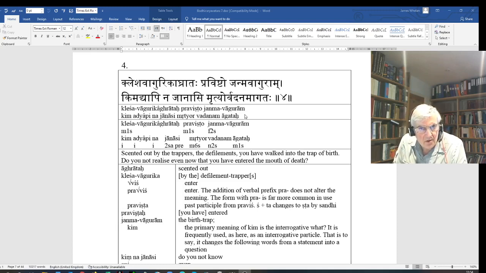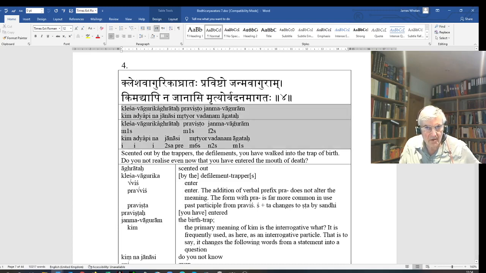The next box, you'll see those same words of the romanization, Kleshava, Gurika, Grata, and so on, followed by, for every word, a certain rubric.